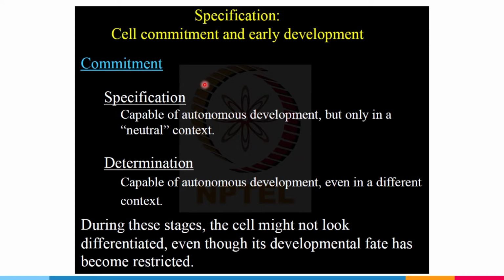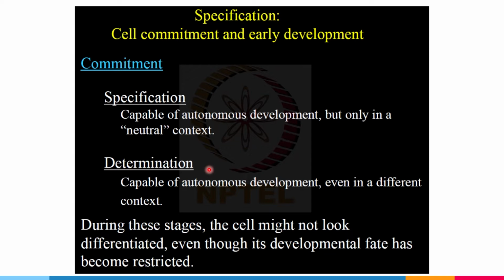If there are neighboring signals asking it to remain as a progenitor or change its fate to form a white blood cell or a platelet producing megakaryocyte, then it will do just that. So in the case of specification, the cell can still be asked by neighboring cells via various signaling pathways to change its particular fate.